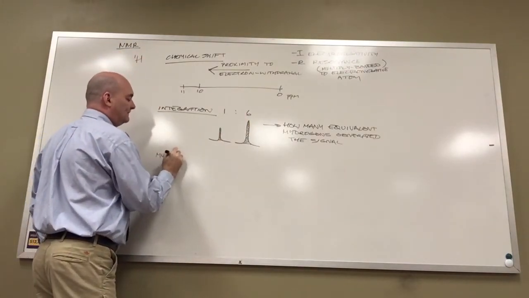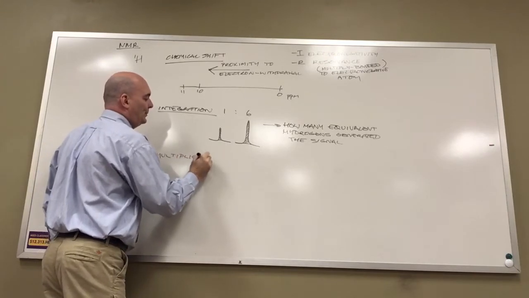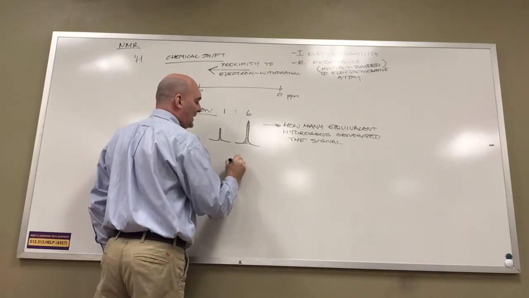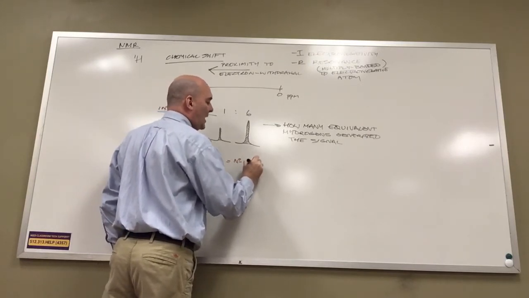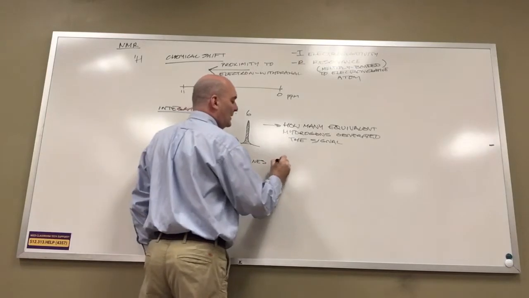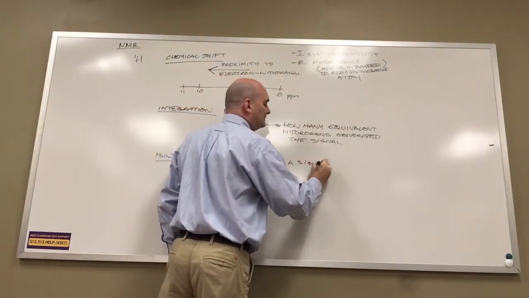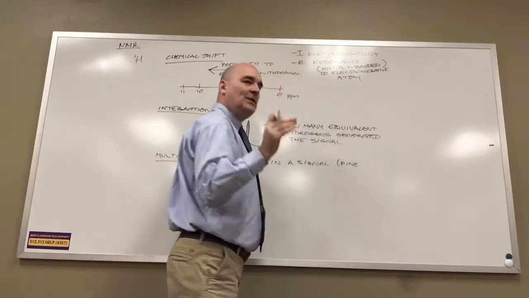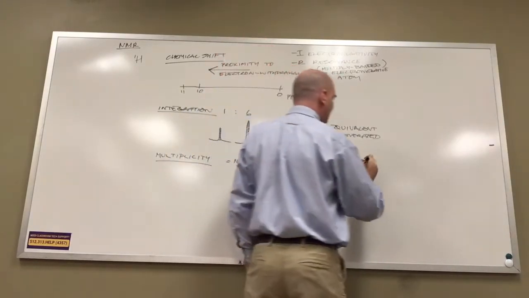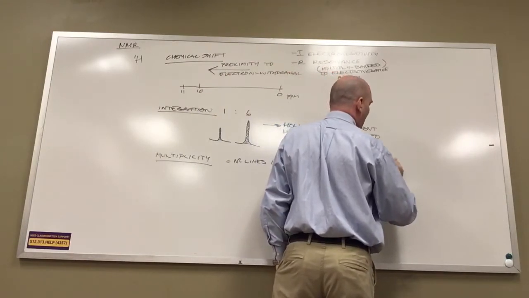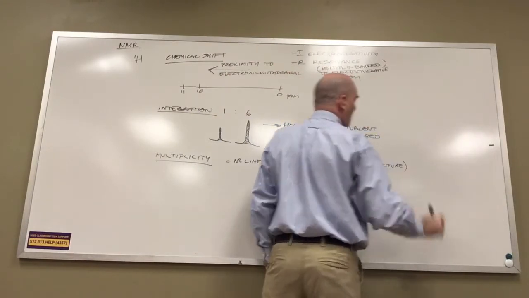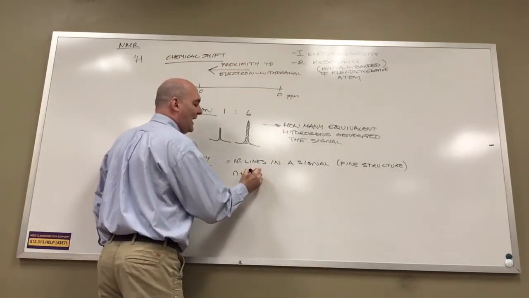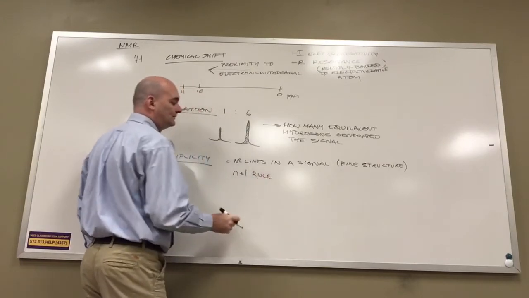And then the big one that's going to help us put the puzzle together is multiplicity. Multiplicity is the number of lines in a signal. If a signal is subdivided into smaller signals, that's what's known as fine structure. And the multiplicity in proton NMR follows the n+1 rule.